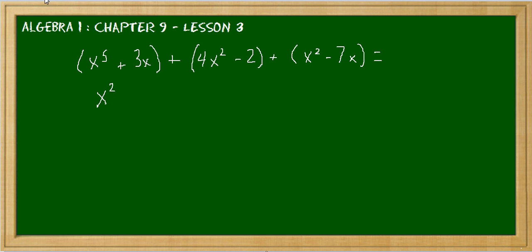Oops, I'm sorry, I put x squared. It's x to the fifth. Okay, so what would be my next, x to the third or fourth? There's no x to the fourth. There's no x to the third. So my next one would be x squared, and that would be 4x squared. So I'm going to add.